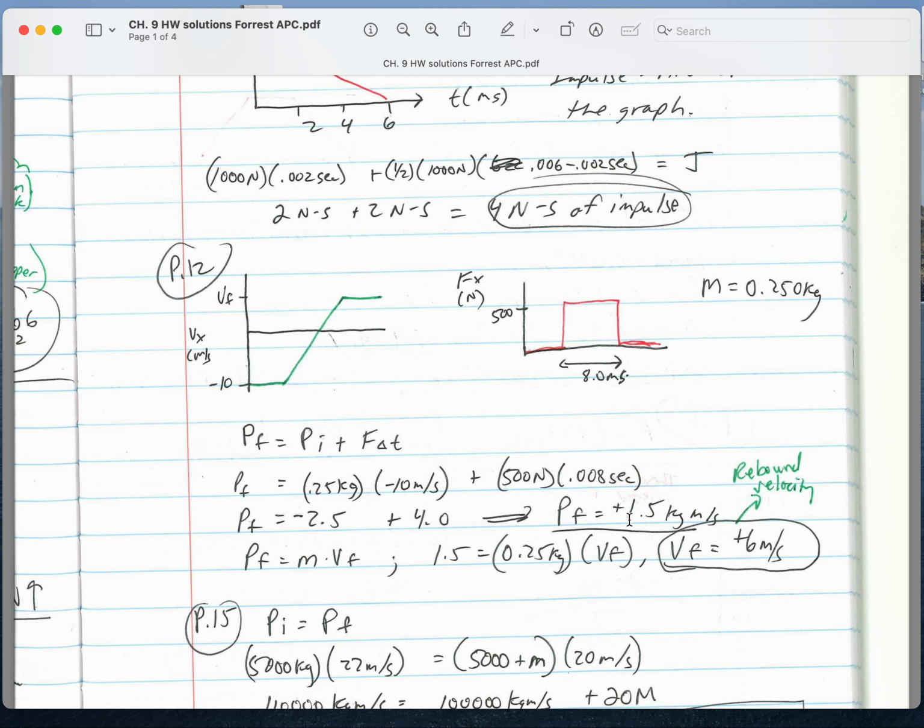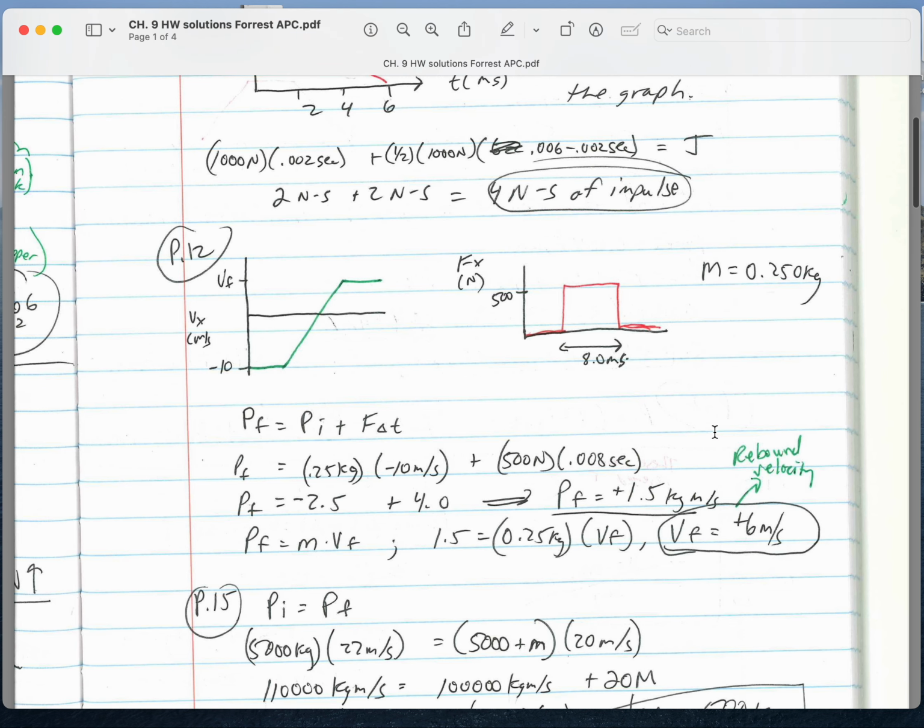So I ended up getting a final momentum of plus 1.5 kilogram meters per second. Then, since momentum is equal to mass times velocity, putting the mass in, I got a final velocity of plus 6 meters per second. So that was the rebound velocity. And that would be in the positive direction since the initial momentum was in the negative direction.